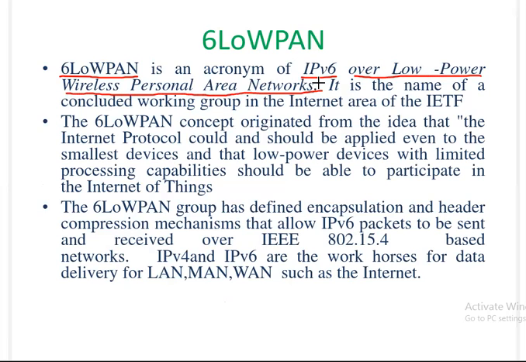It is the name of a group in the internet area, that is IETF, the Internet Engineering Task Force. This concept mainly originated from the question of how to connect these low power devices directly to the internet. That is the idea behind this concept.